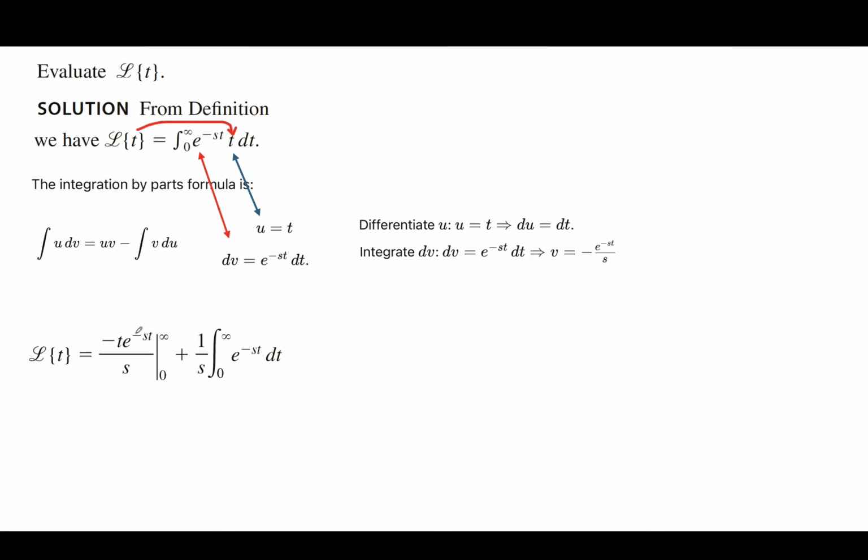It becomes u times v, with the boundary for t from 0 to infinity, plus the integral of v du, where v is negative e to power negative st divided by s and du is dt. You can write 1 over s outside your integral, and the two negative signs become positive. Calculating the integral of e to power negative st is very easy.